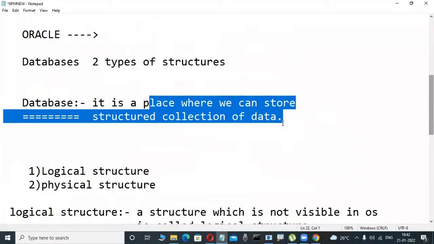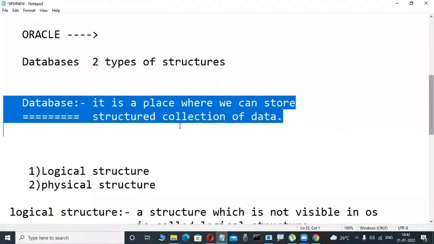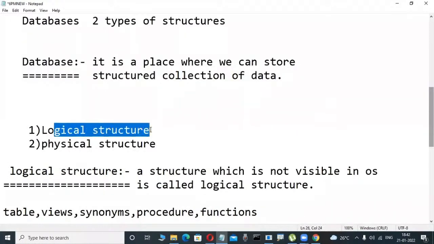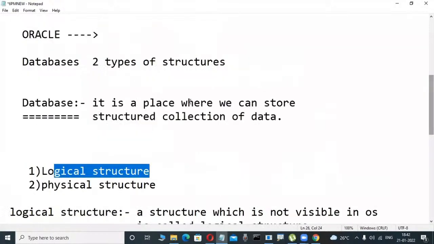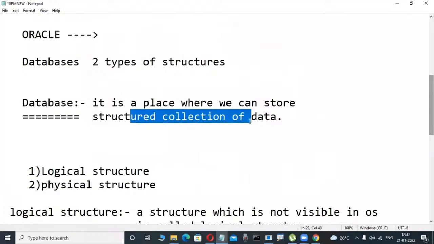If I say that, I'm immediately rejected. Why? Because this is the developer definition. Developers are logically good. A table is nothing but a structured collection of data. They have an idea, that's why you also say structured collection of data.